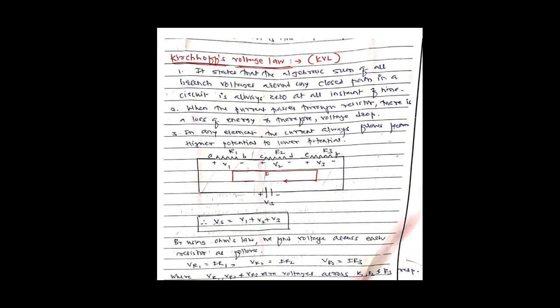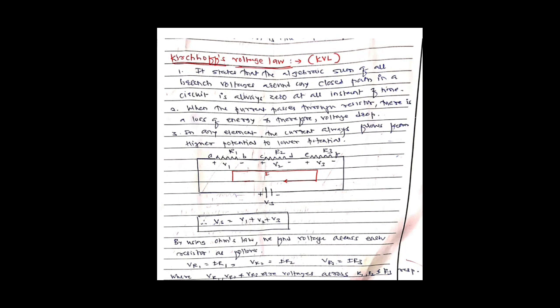So Vs is equal to V1 plus V2 plus V3, because of the current provided from this voltage source.